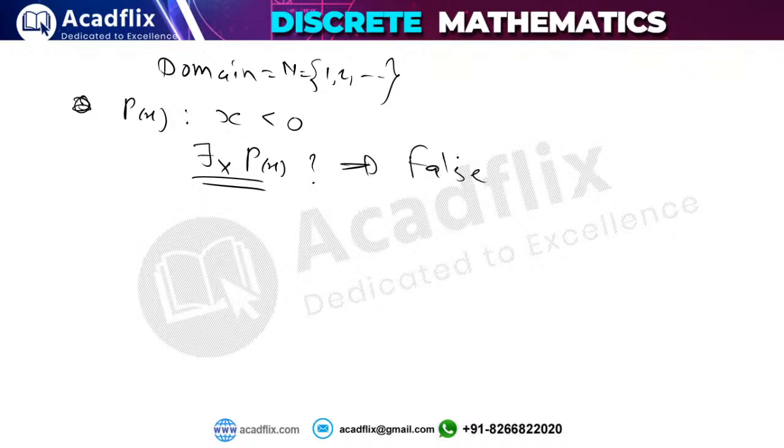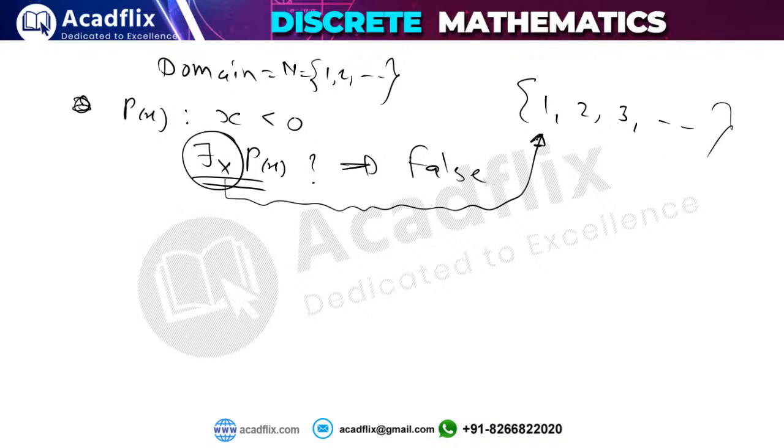Why? Because this there exists quantifier goes checking, and he is interested in finding at least one element. So he checks: 1 is not satisfying because 1 is not less than 0, 2 is not satisfying, 3 is not satisfying, 4 is not satisfying, and so on.